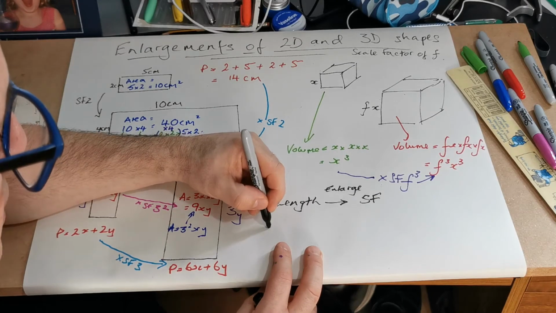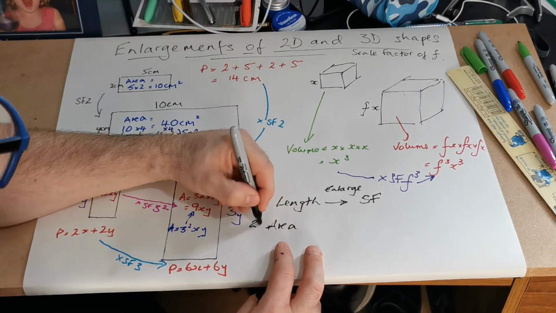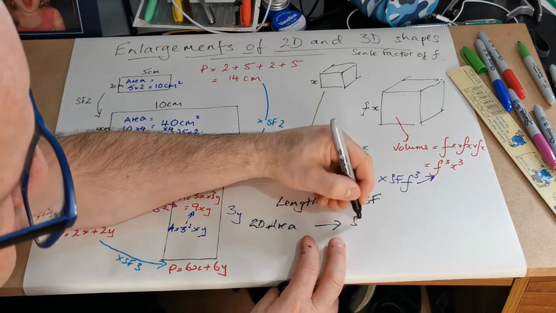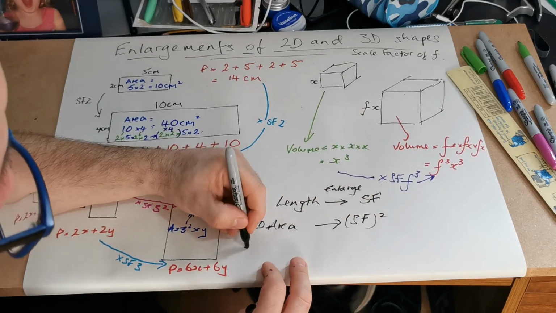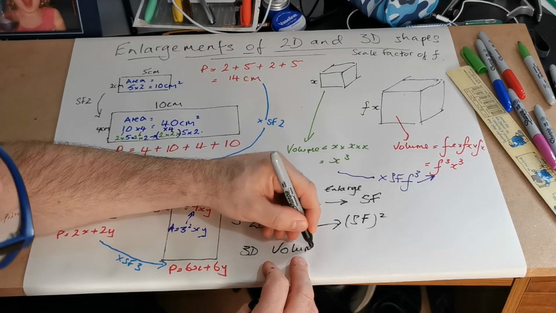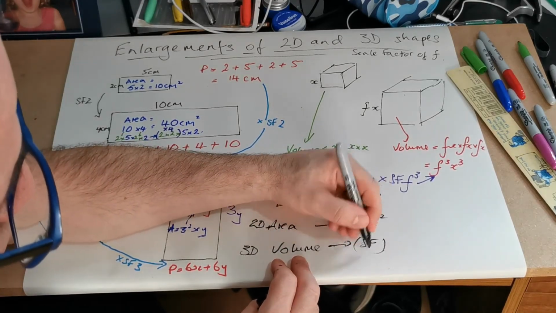If you use in area, because it's 2D, you enlarge by the scale factor squared, and when you're looking at 3D, which is volume, you enlarge by the scale factor cubed.